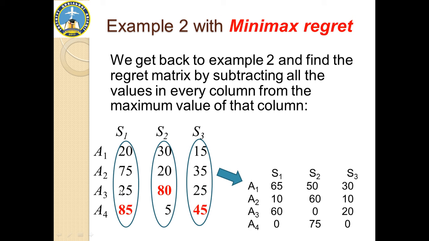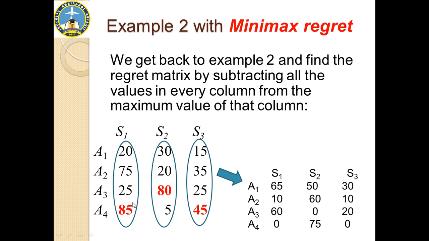For example, if we go from 85 to 25, it's minus 60. We reduce our expected payoff by 60 units. So regret from option A sub 4 to option A sub 3 is 60. So we subtract this particular value of payoff from this maximum value.